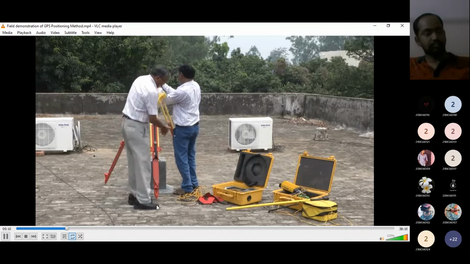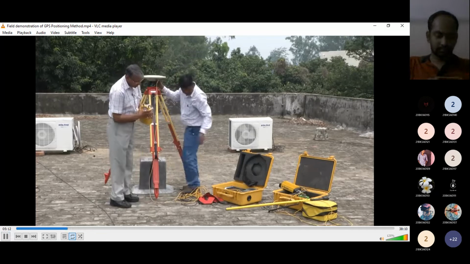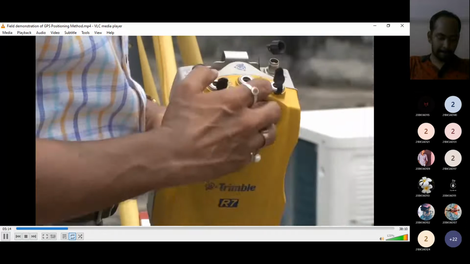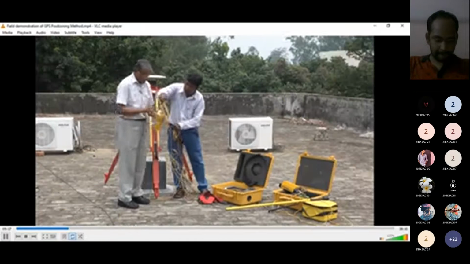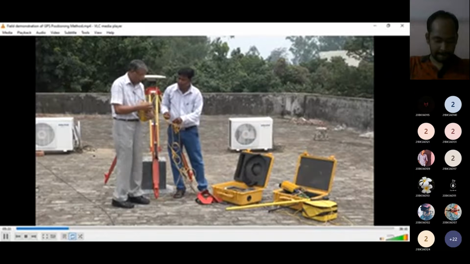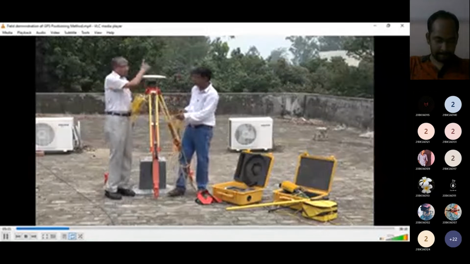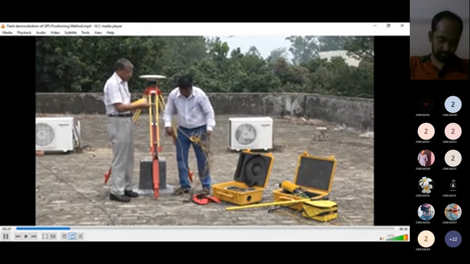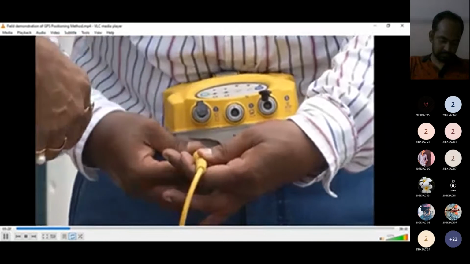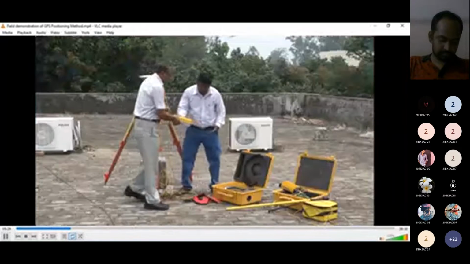Receiver. In this receiver there is a symbol of GPS, because this antenna will receive the GPS signal. So now it is connected. Next we will connect the controller with this receiver.